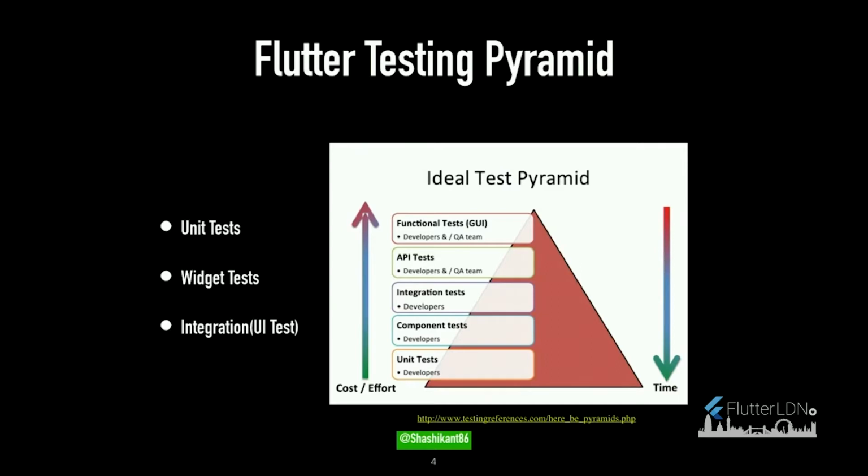Developers write unit tests to test their own components, methods or functions. Then we have component tests, where a few components come together and we test them together. Then we have integration tests, where different modules are combined together and we write tests.